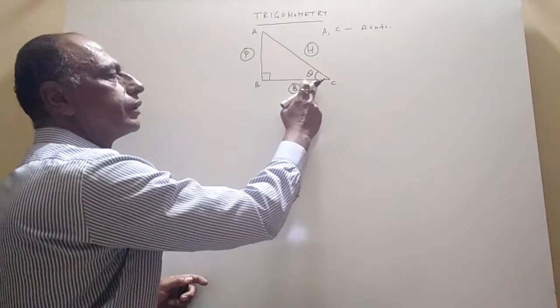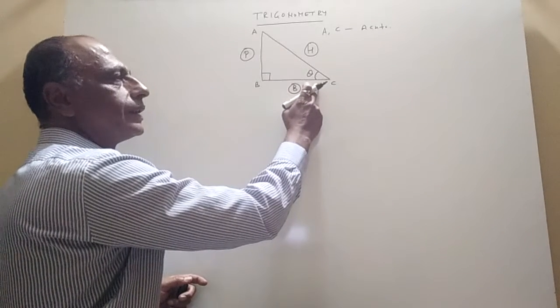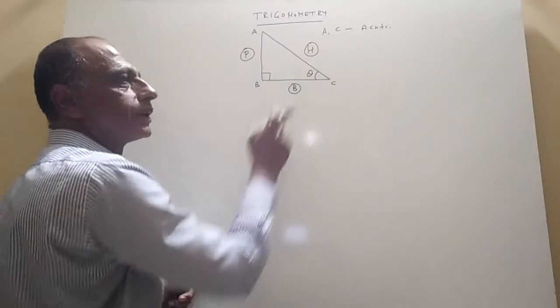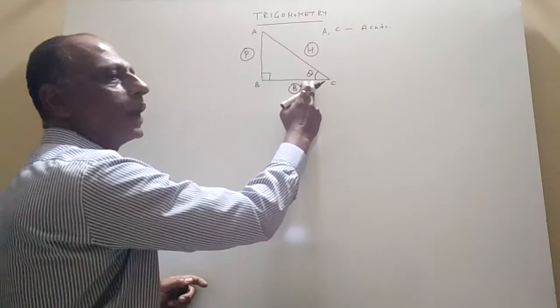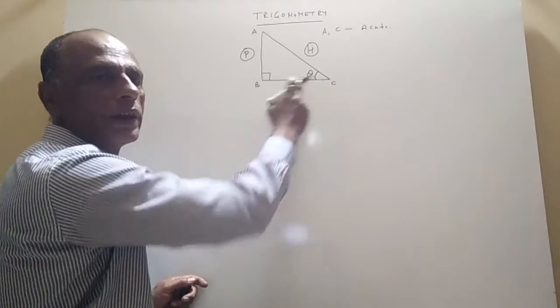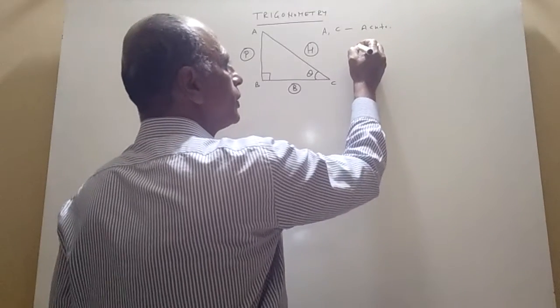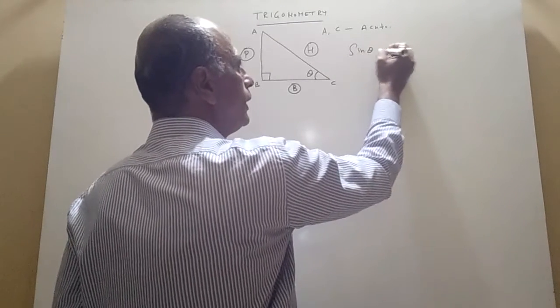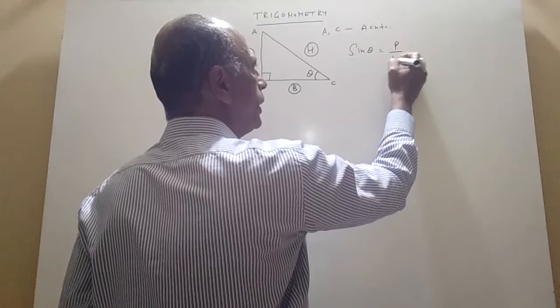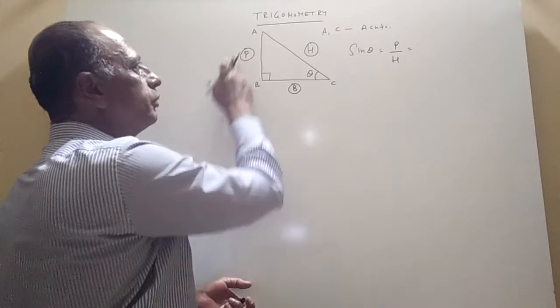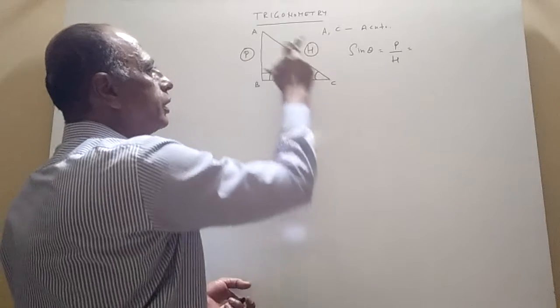So once we take these three sides as perpendicular, base and hypotenuse, depending upon the angle theta which we have taken as a reference angle, we have 6 trigonometric ratios. Sin theta, which is perpendicular upon hypotenuse, which in this figure will become AB upon AC.